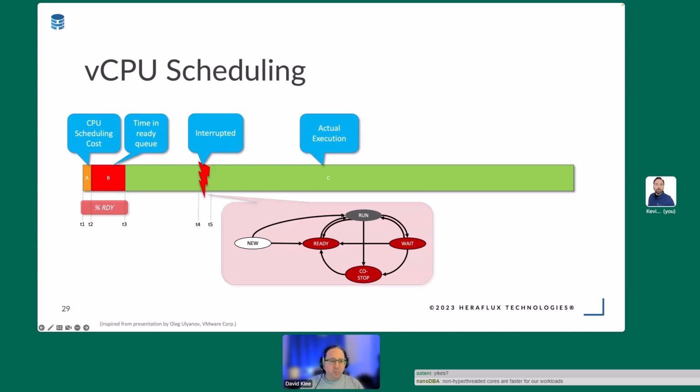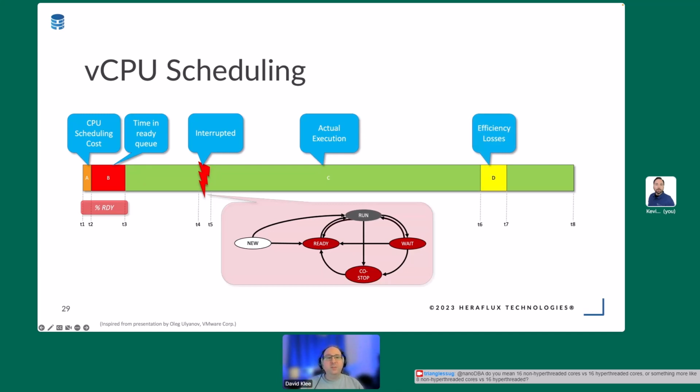And it can go into different wait states. So it can go from a runnable state, and it can drop to a wait state where the hypervisor is going, yeah, just hang on a second. And then it can go to a ready, meaning it's ready to run, but there's no available slot in the queue. Or it can go to a co-stop state, meaning, yeah, you got a bunch of CPUs on here. This one's cut ahead quicker, so we got to wait for that one to let everybody catch up. And then it does this, just on, off, on, off, on, off.